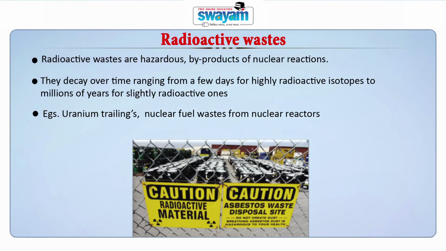The half life of strontium 90 is about 28 or 29 years. So, there is a huge gap in the half life period, and this half life is very important for the purpose of management and disposal of radioactive or nuclear waste.